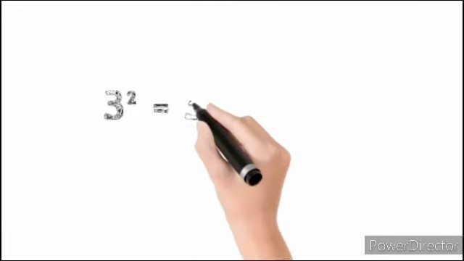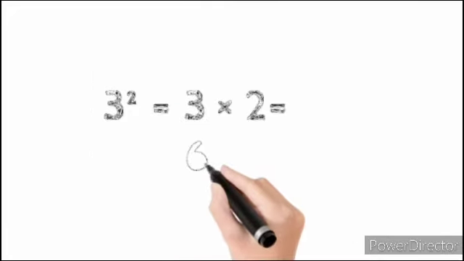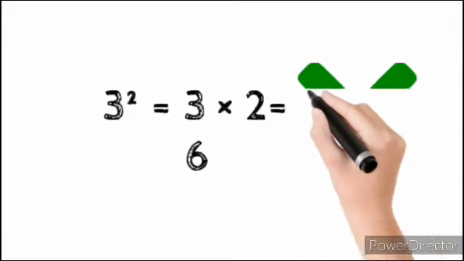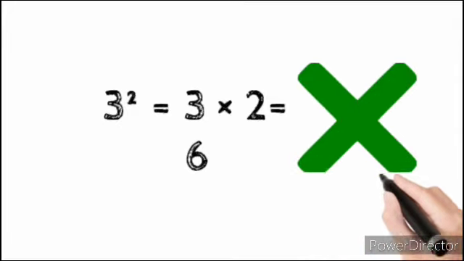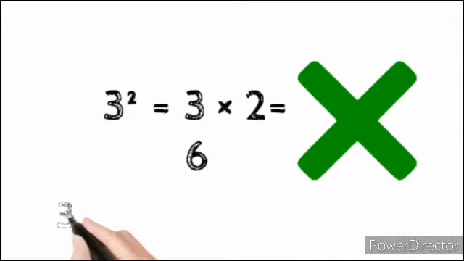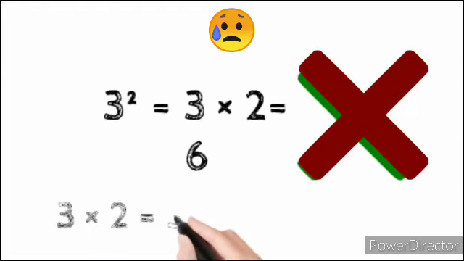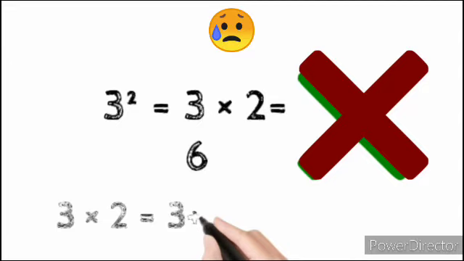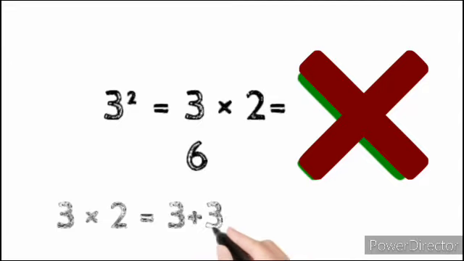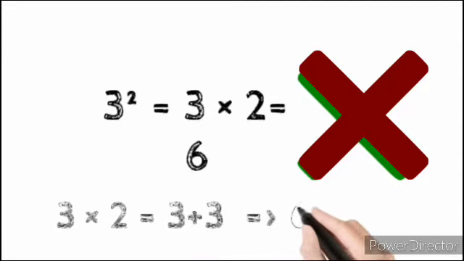This is totally different from 3 times 2, which is the same as 3 plus 3. 3 times 2 is adding up 3 to itself, which is 3 plus 3, which has a value of 6.